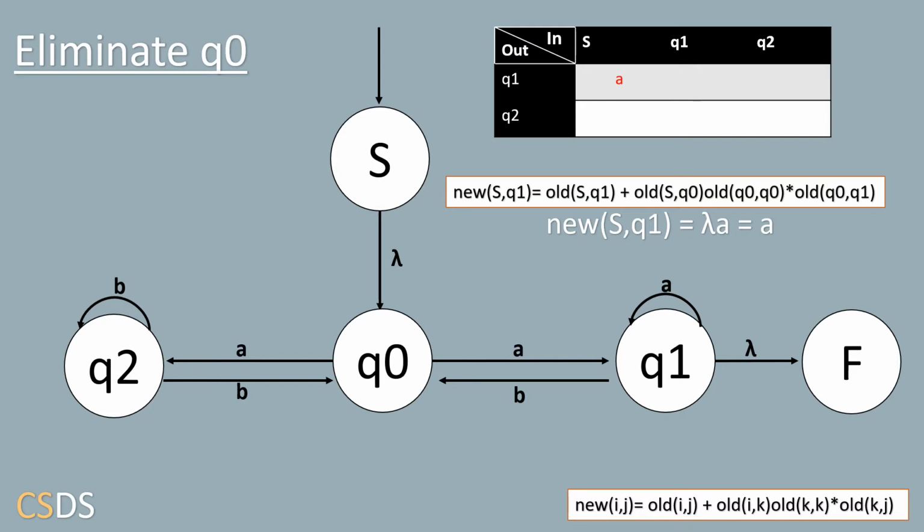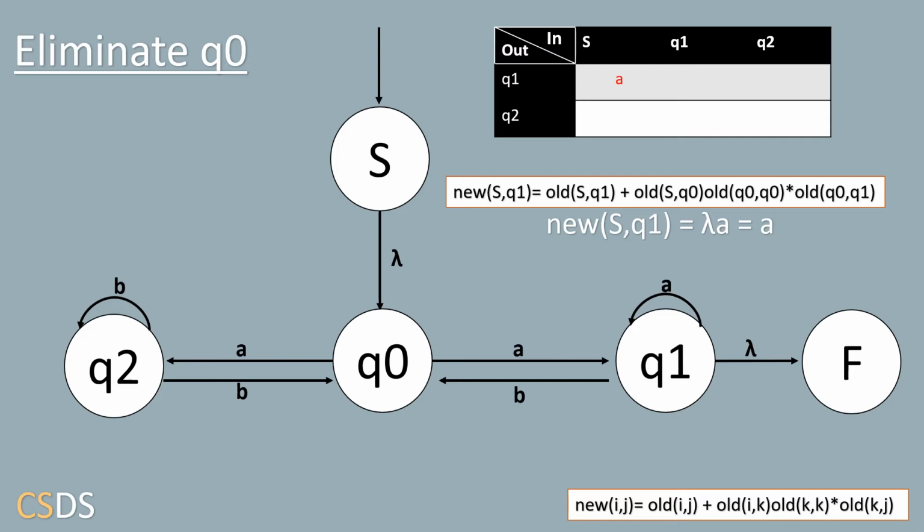So let's start. The first transition we need to find is a direct transition from S to Q1. First, according to the formula, we find the old transition from S to Q1. As we can see, there's no direct transition from S to Q1, so we continue.